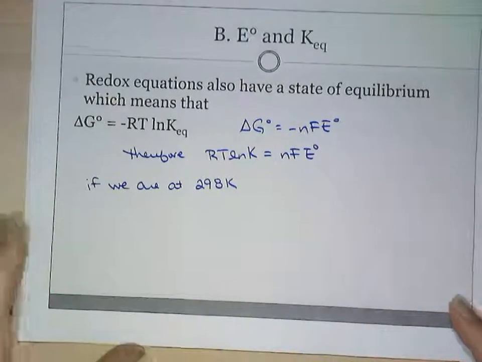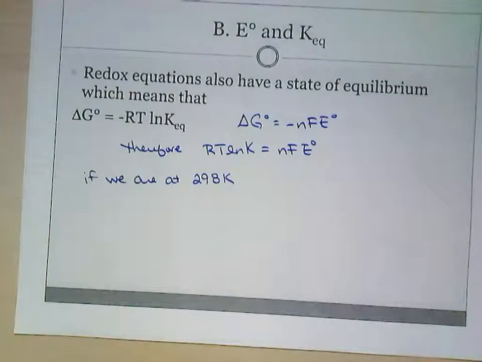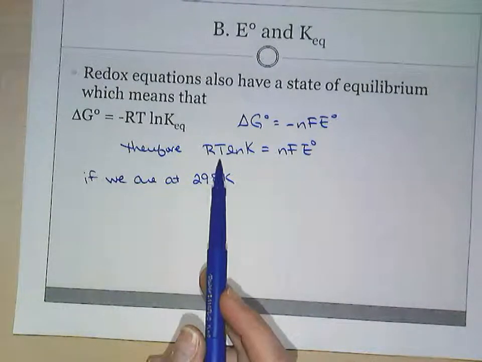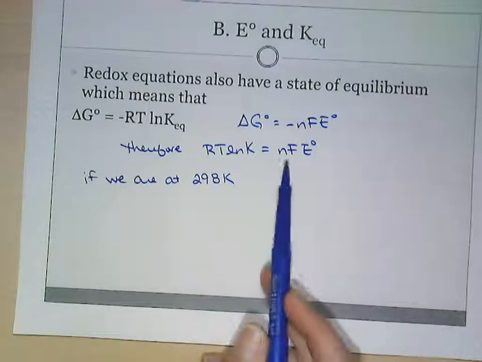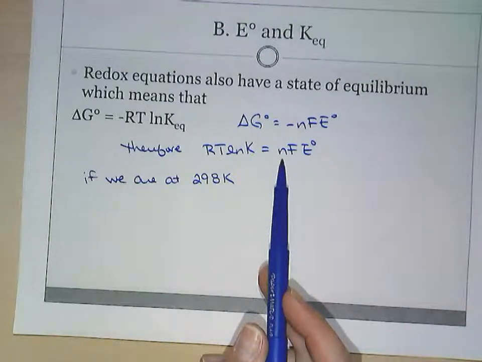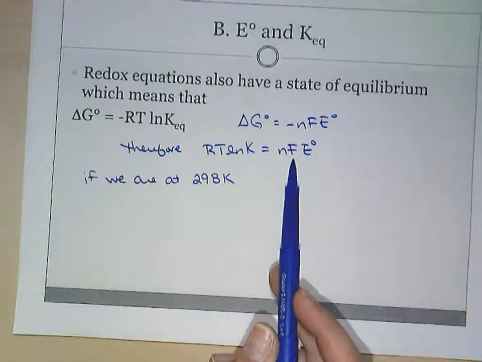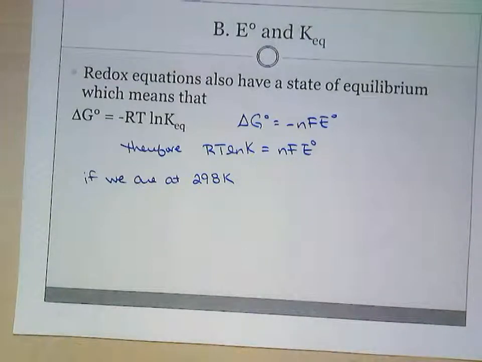So if we are at 298 Kelvin, we're at a known temperature. What is R in my equations? Gas constant. Okay, what's T? Kelvin. What about n? Moles of electrons. F? Yeah, it's a constant, Faraday's constant.